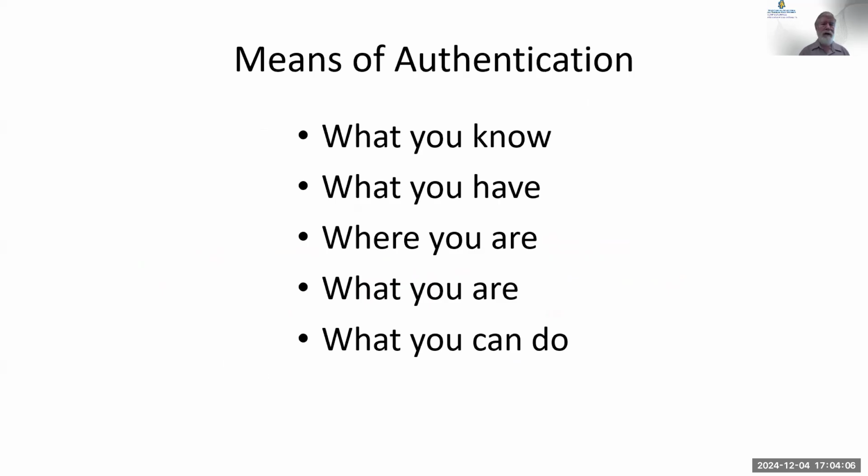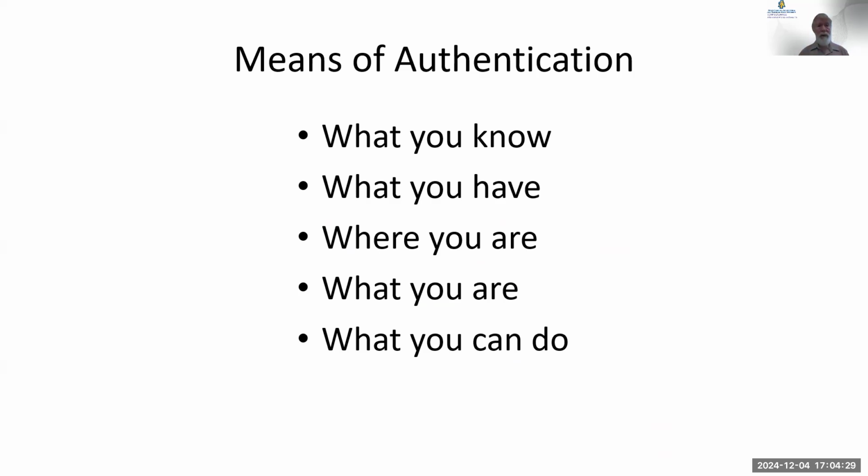Authentication. We talked about authentication. There are different ways to do it. There's the basic, what you know, that's like a password. What you have, that's like a security card or key. Where you are, you can base it on physical location, or on network location. Here on campus, you can access the Banner system if you are on campus.